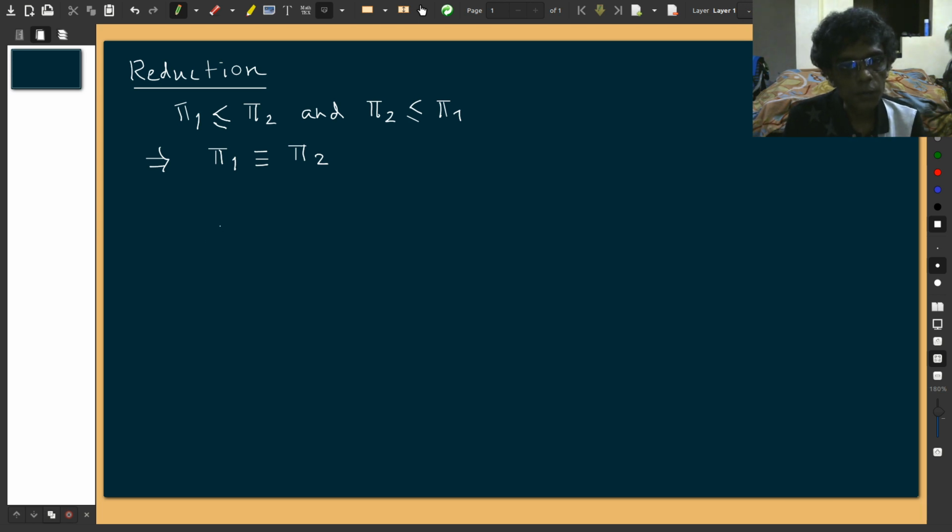So far we have proved that the Ham cycle problem reduces to the Ham path problem and also conversely. Hamiltonian cycle and Hamiltonian path problem. So this shows that they are equivalent.